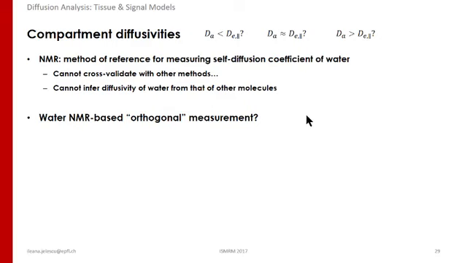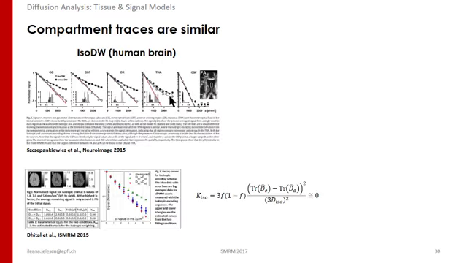So this kind of merges with, well, some aspects of the previous talk. So for example, here, using isotropic diffusion weighting that was described earlier in the human brain, it's been shown that the isotropic kurtosis here is overall extremely low. So this is synonymous with the fact that the compartment traces are very similar.